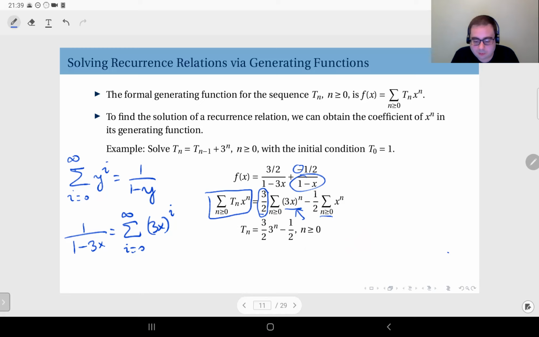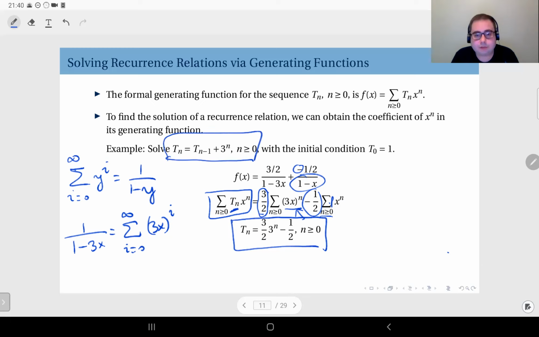And then you have minus 1 half times 1, because that's simply x to the power n. Therefore, Tn, the coefficient of x^n on the left-hand side, equals simply 3 over 2 times 3 to the power n minus 1 half. And this is the solution for the recurrence relation given here.